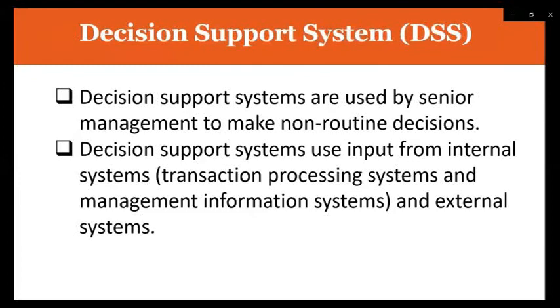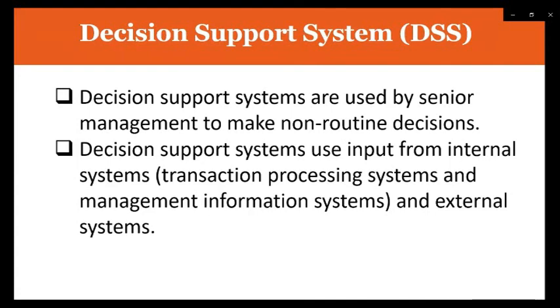Then we have the decision support system. Decision support systems are used by senior management to make non-routine decisions. So decision support systems use input from internal systems, that is the transaction processing system and the management information system, and external systems.